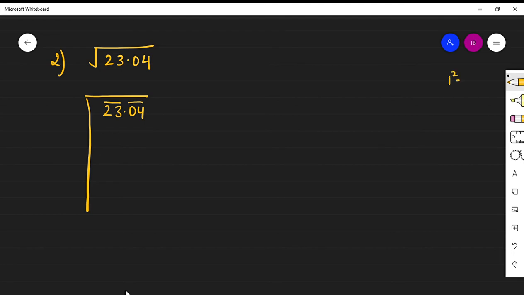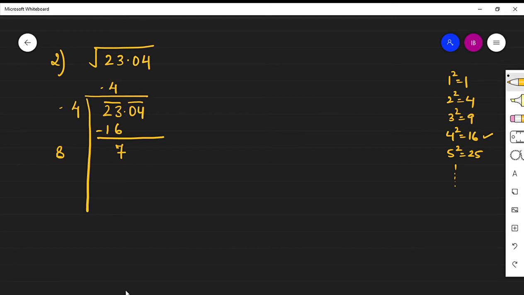So 1 square 1, 2 square 4, 3 square 9, 4 square 16, 5 square 25 and so on. So obviously it will go with 4, 4 the 16. 23 minus 16, 7. What will come here? It will be 4 plus 4, 8.